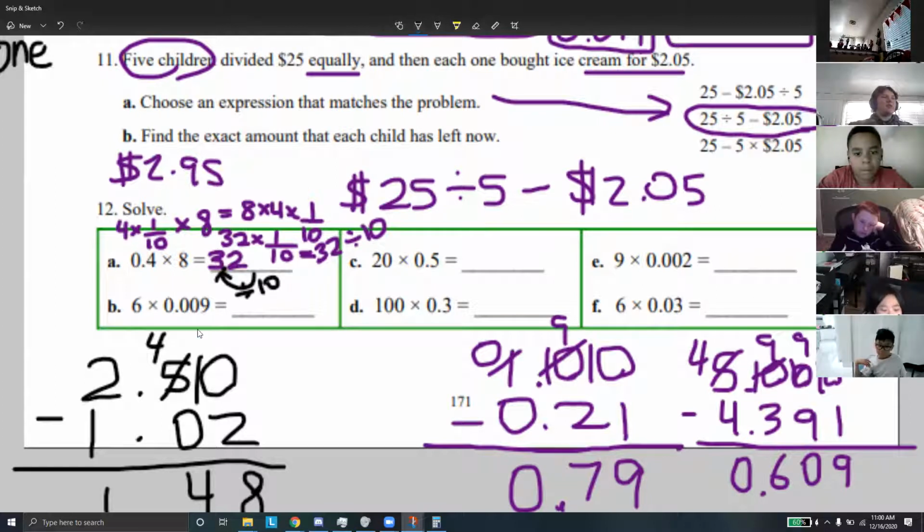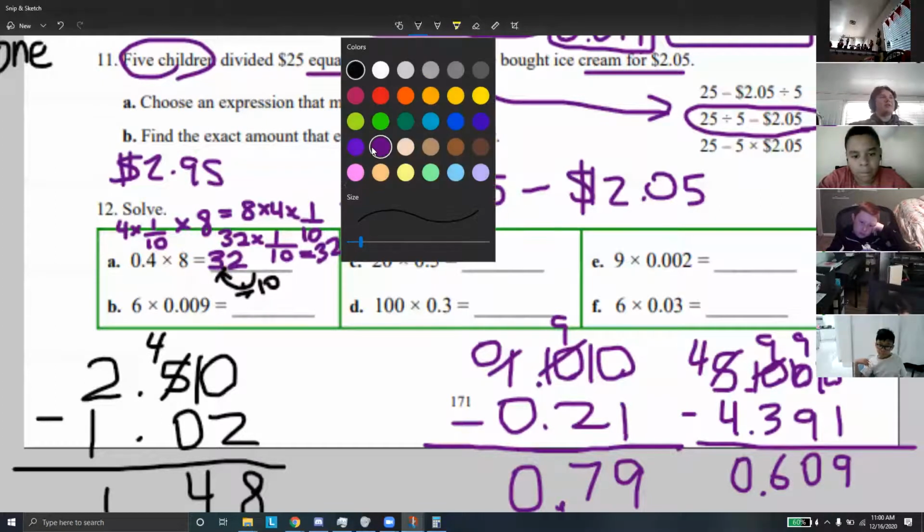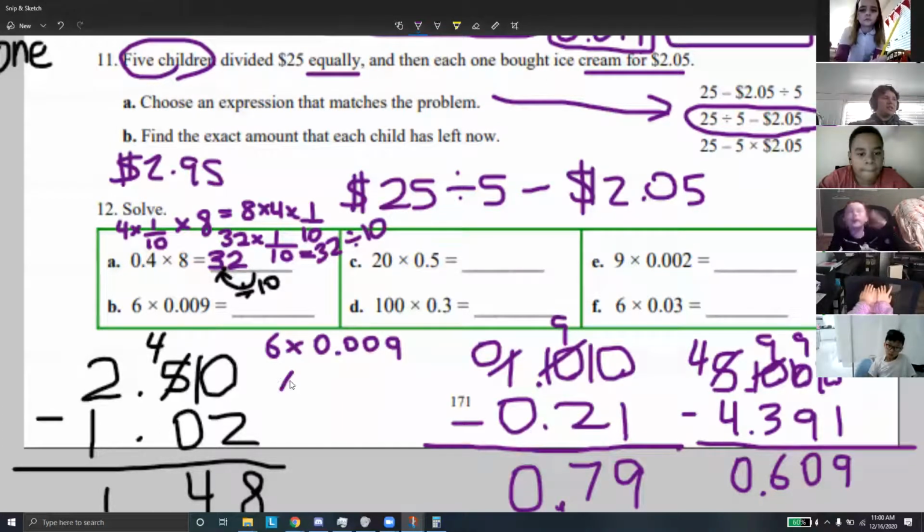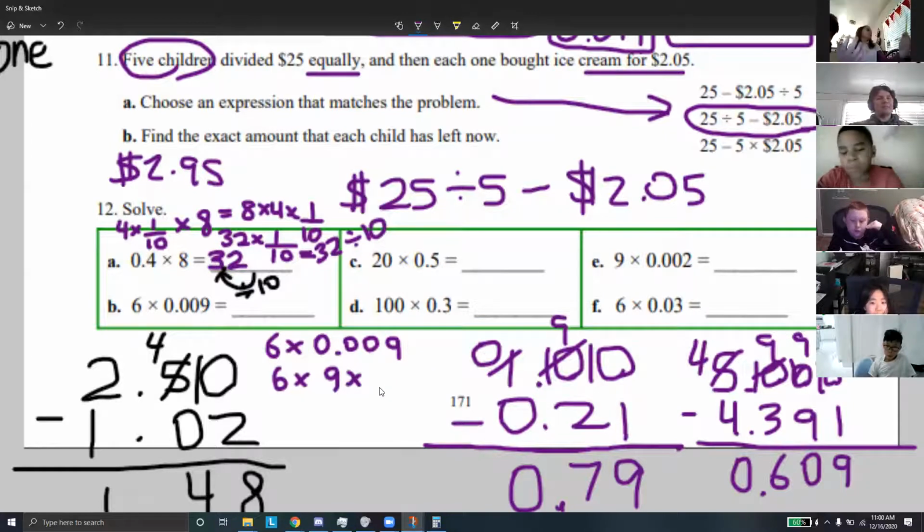I'm going to try doing this other one in my head as well. I did that. I got that. So 6 times 9, you guys can always just write it on the paper and do it, right? But 6 times 9 thousandths is equal to 6 times 9 times what? If I have a number in the thousandth place, 9 times what? Anything in the thousandth place is times 1 over 1,000.